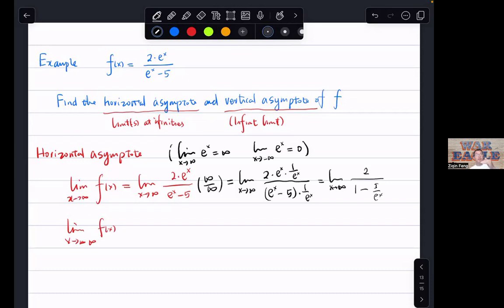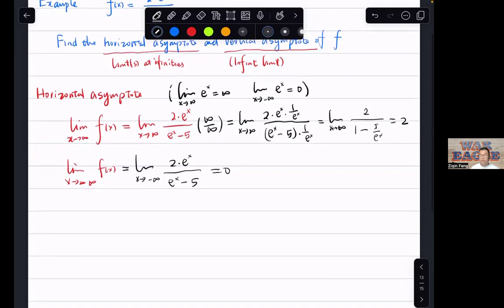A number over infinity is 0, so plugging in 0, you get 2. And the other one is even easier. As x goes to negative infinity, e to x goes to 0. If you plug in 0, you get 2 times 0 over 0 minus 5, which is 0.